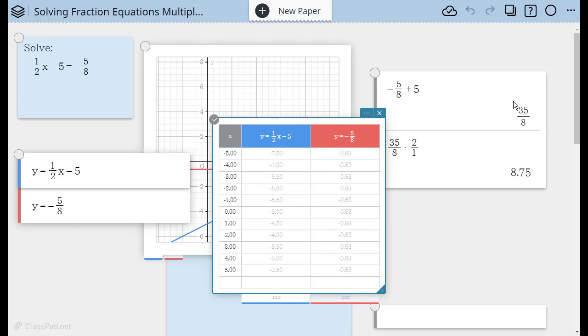We have it as a graph, we have it as a calculation, we now have it as a table. I don't see the solution. The solution in a table is where both values are the same. My inputs give me equal values, and I don't even see it. All of these are not even close, so I don't have a high enough value here for x. So you can change your table settings. So I need to go a little bit higher, right?